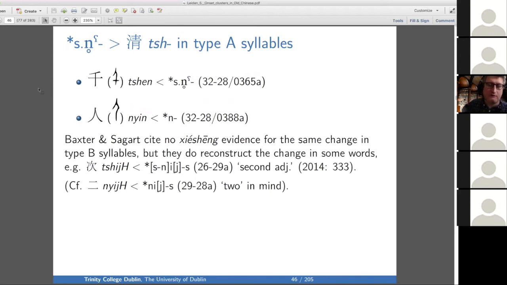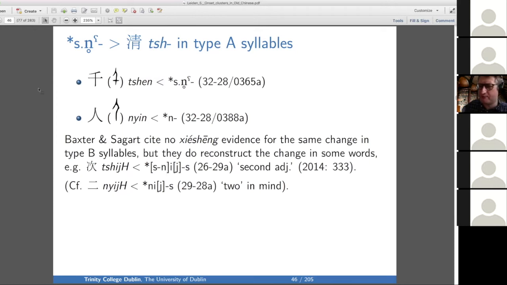S before voiceless N in type A syllables, they think changes into tsa. And here's the reason why. It's because of these two words. And you see why I've given the pre-Qin orthographic forms, because the modern forms of the characters don't make it obvious that these are related.